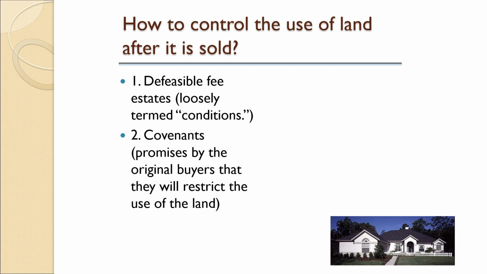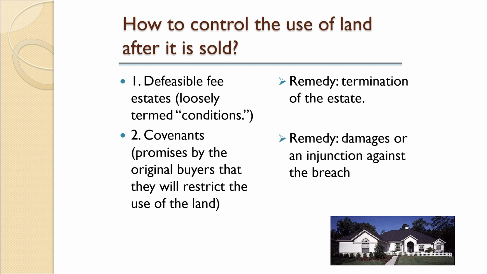Now, the point about the difference between these two is that they have totally different sets of remedies. We've already talked about the remedy for violation of the condition in a defeasible fee estate. The remedy is termination of the estate. The estate will come to an end. On the other hand, if it's only a covenant, the estate doesn't come to an end.